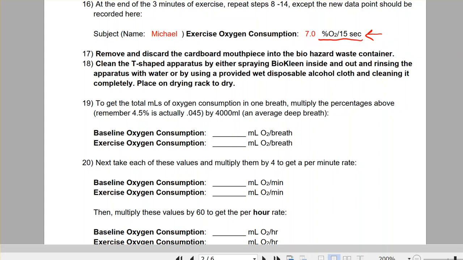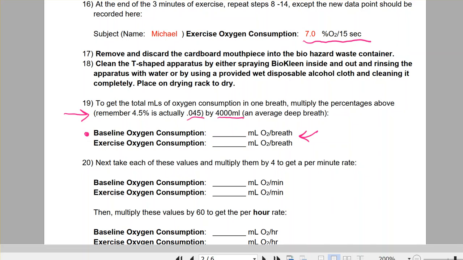So the first thing that we're going to do is take this value and plug it into this equation, following some directions. Pay special attention to number 19, the information right here in the parentheses. We're going to take this value and remember to turn it into a decimal, multiply by 4,000, and then plug and chug those numbers into these places.